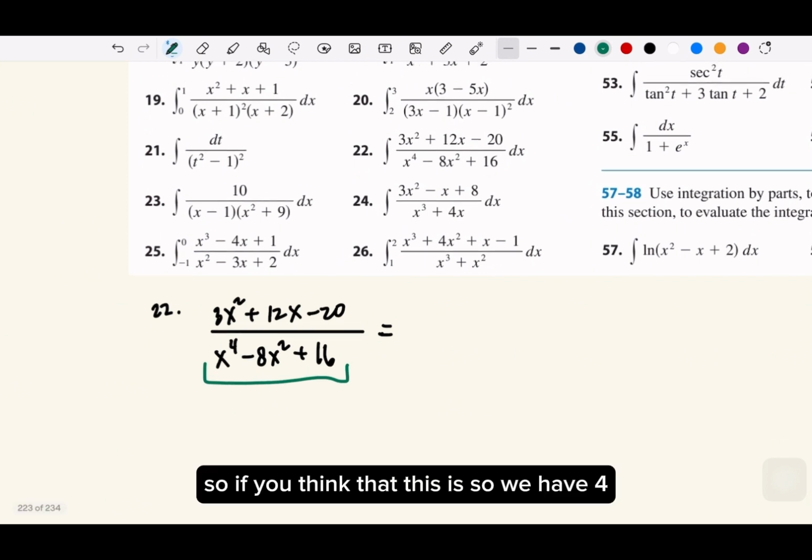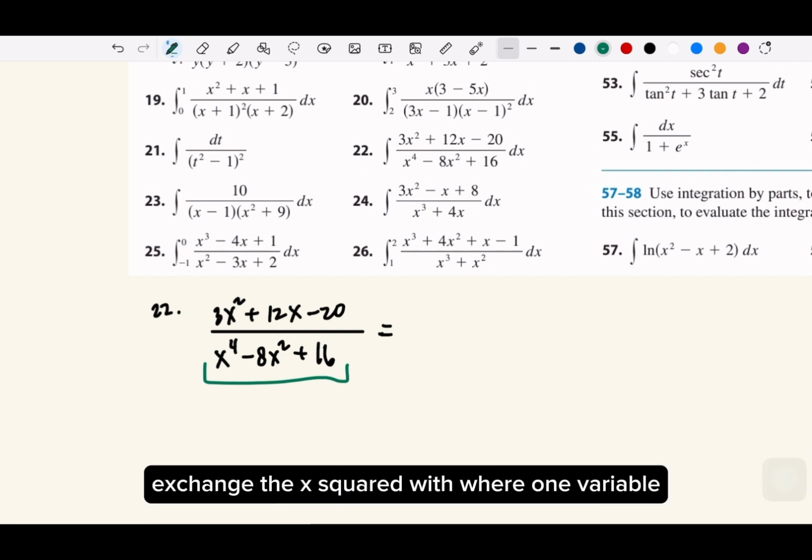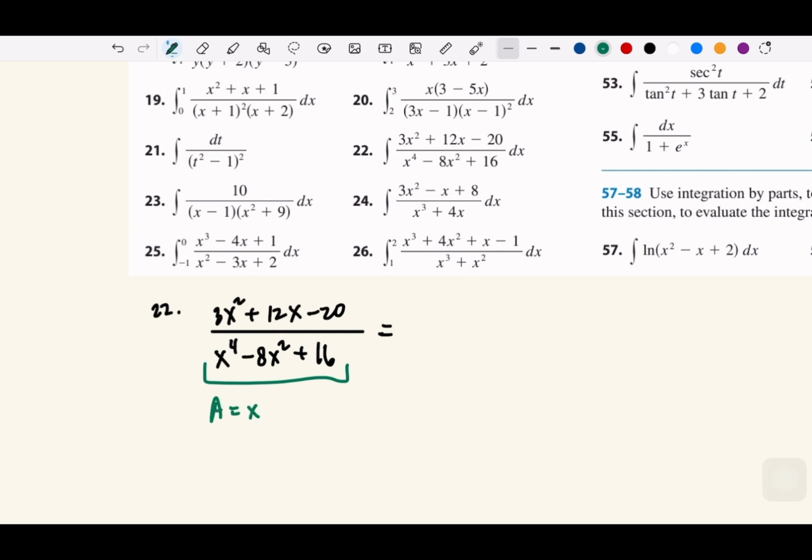So we have 4, we have squared. Perhaps if we replace x squared with one variable, maybe it will help you to see. So let's say a equals x squared.